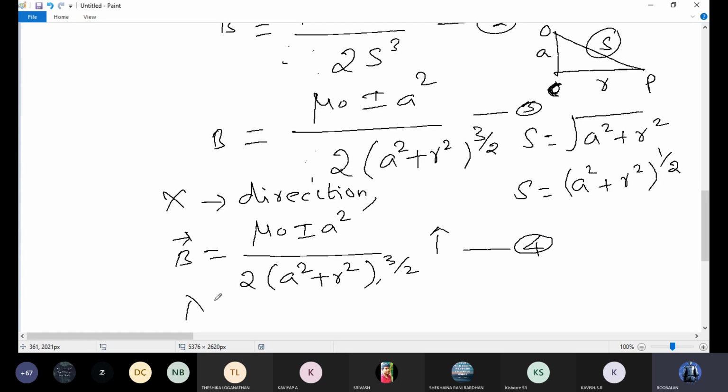In case N number of turns is there, now we are discussing for the one circle.